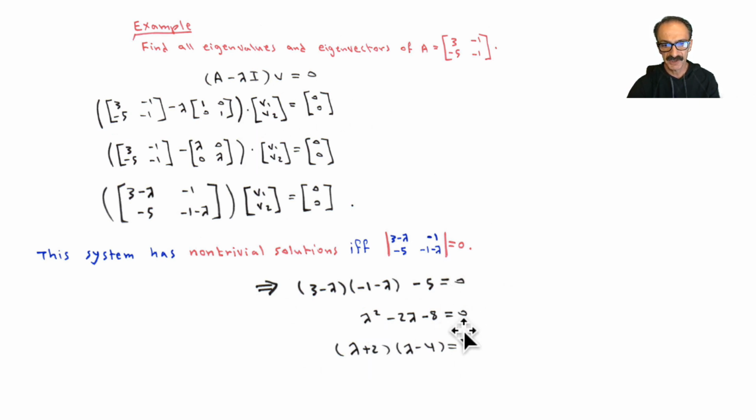This is our first example. These steps right here, you could skip them later on or make it faster. Instead of writing the whole thing, you could just go 3 minus lambda, -1 minus lambda, and find the determinant of that matrix by converting 3 and -1 to 3 minus lambda and -1 minus lambda, which is right here.